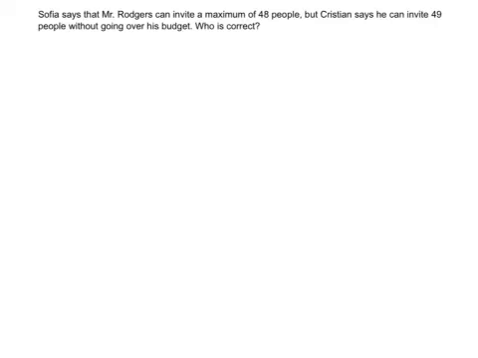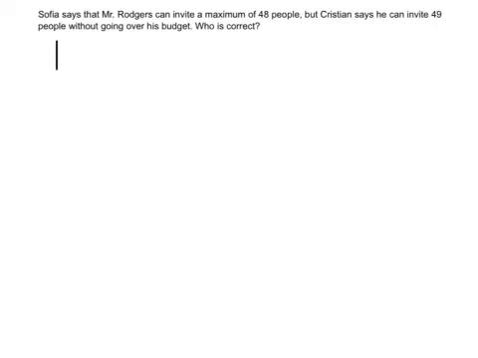Now, the next part of this says that Sophia says that Mr. Rogers can invite a maximum of 48 people, but Christian says he can invite 49 people without going over his budget. So we need to determine who is correct. So let's go back and look at the equation again.